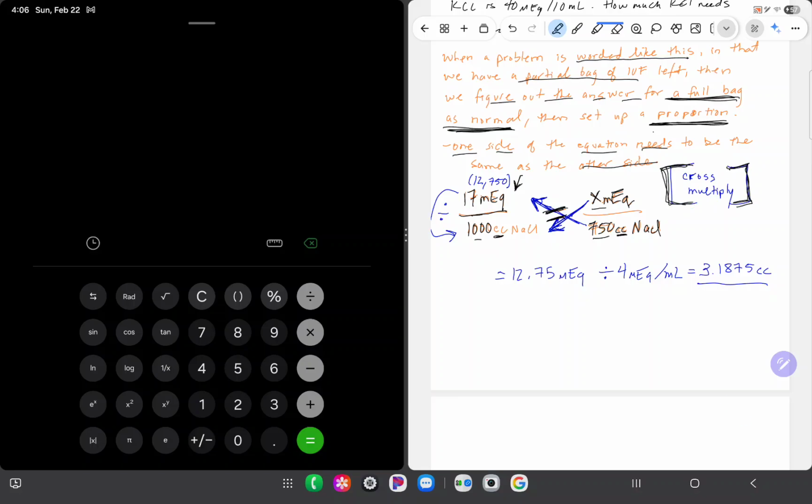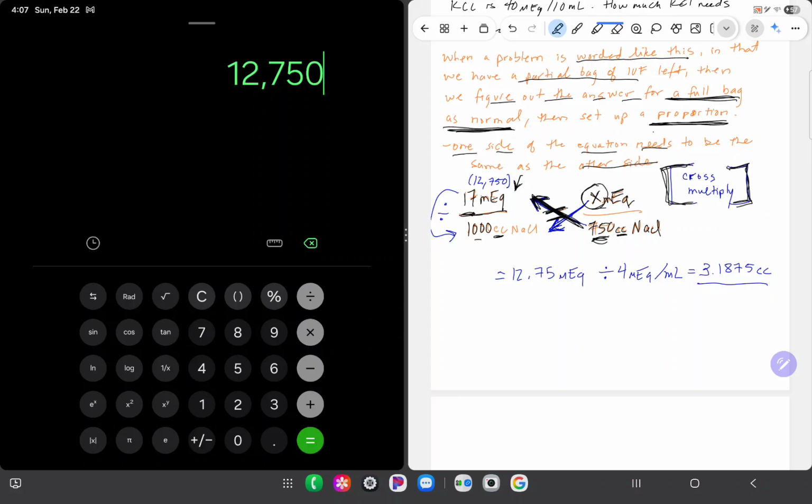You're going to figure out the actual numbers that exist first. Meaning, I have 750 here, and if I cross multiply that with this guy up here, 17, okay, 750 times 17, I'm going to get 12,750.